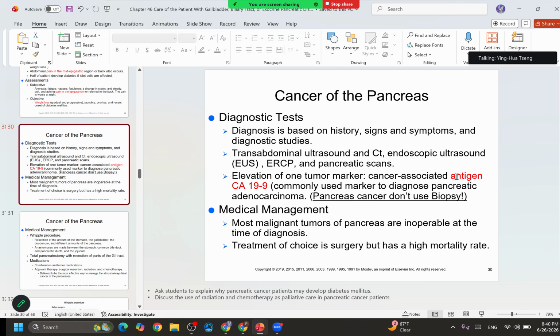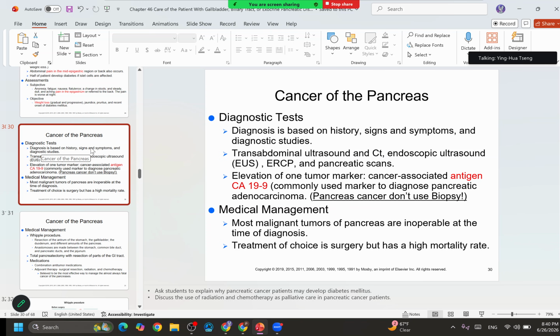This is a very special cancer-related antigen, especially for the GI. If you have a GI cancer, like stomach cancer, intestine cancer, liver cancer, gallbladder cancer, and also pancreas cancer, your CA19-9 will go high. In that case, the doctor will suspect you have a cancer in your GI. Let me check your GI right now.